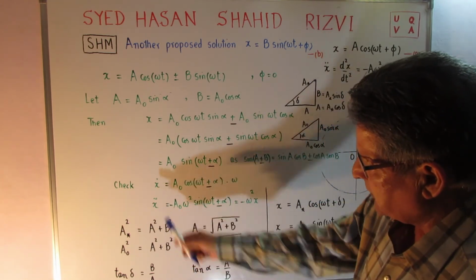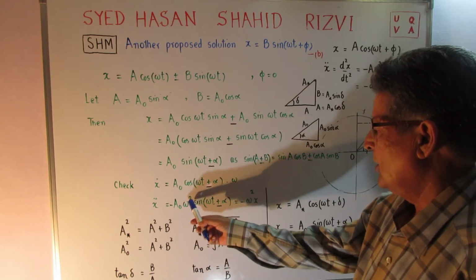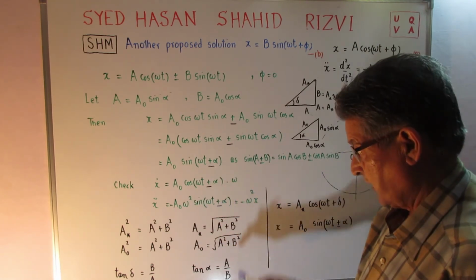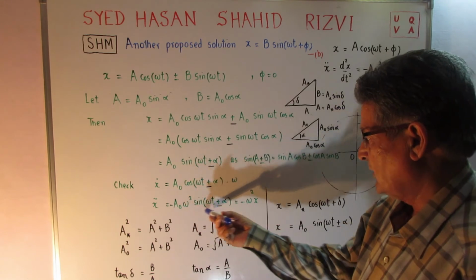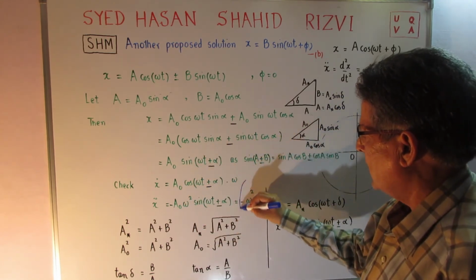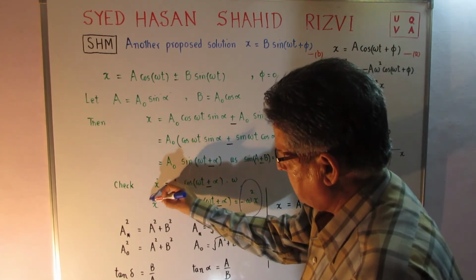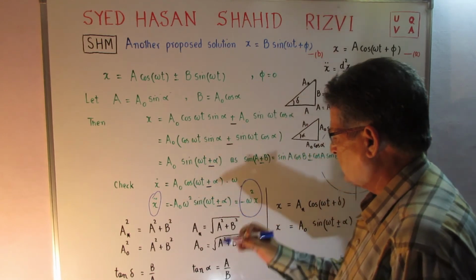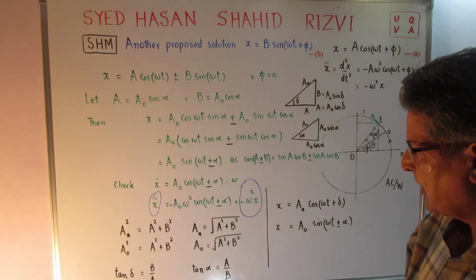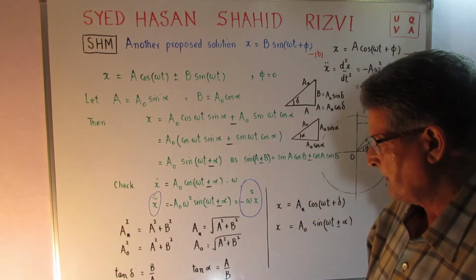And x double dot, which is the acceleration, is equal to minus a naught omega square sine of omega t plus minus alpha, which is equal to minus omega square x. So the acceleration is proportional to the displacement itself, is opposite to the displacement, always opposes the displacement, and is always toward the mean position.